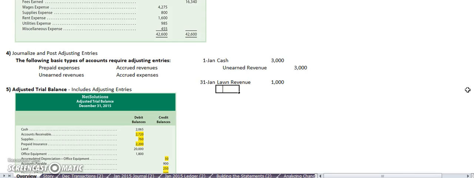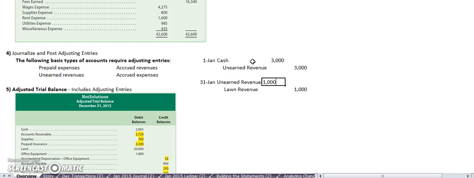Revenue has a credit balance, right? Even I get confused every once in a while. And we're going to lower our liability because we fulfilled 1 month's worth of work, unearned revenue. So that's an adjusting entry.